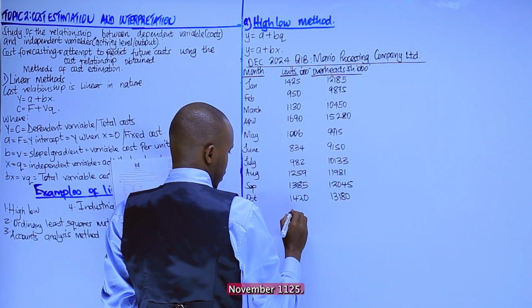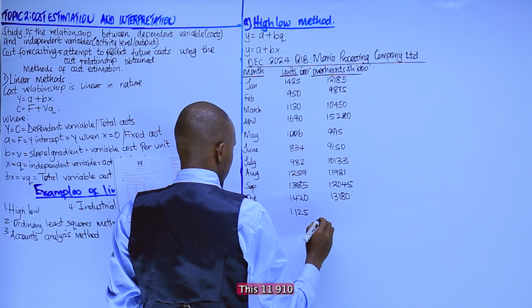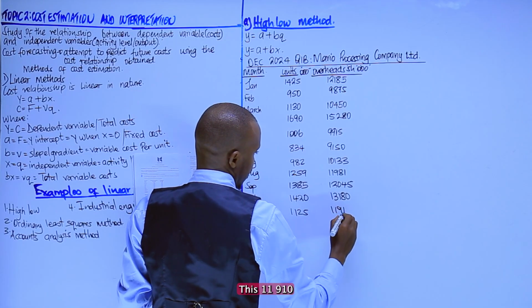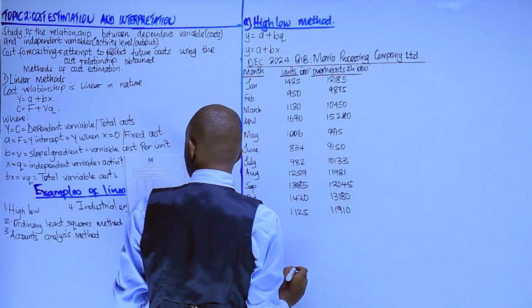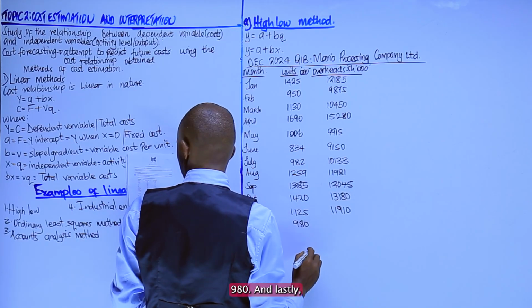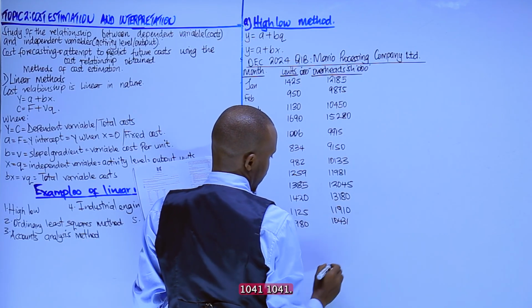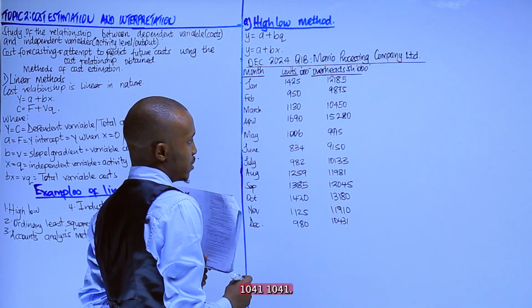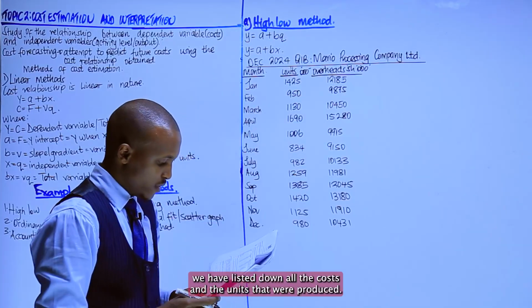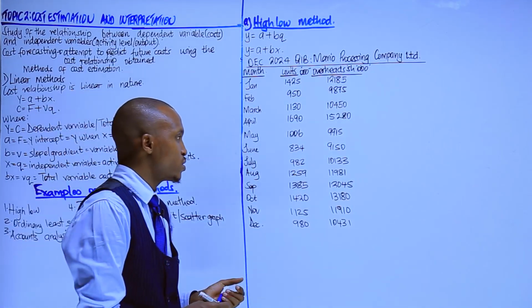November, 1125, 11910. December, 980, and lastly 10431. We have listed down all the costs and the units that were produced.